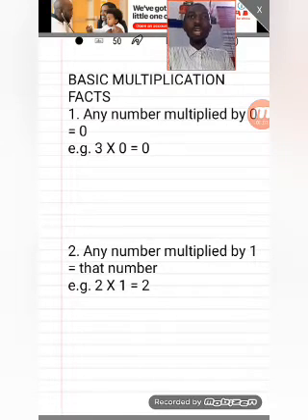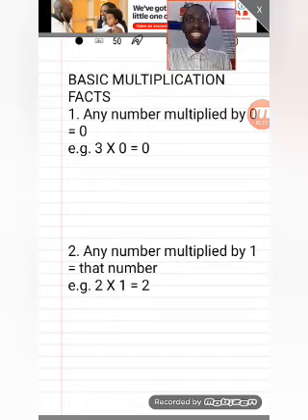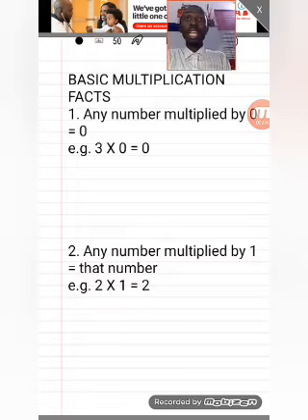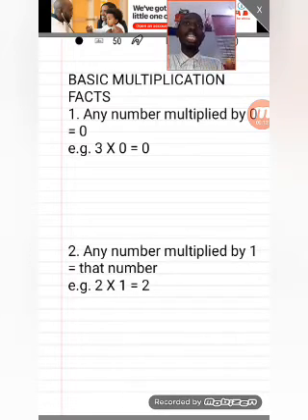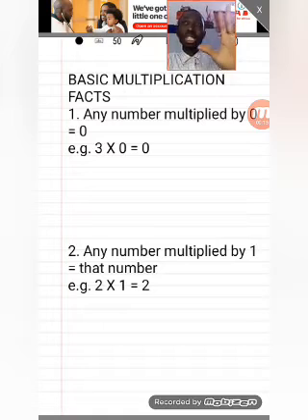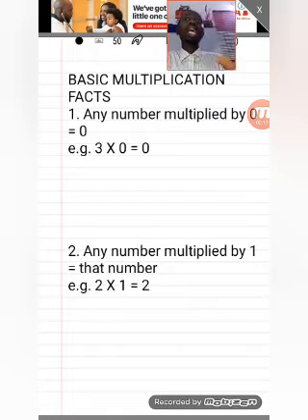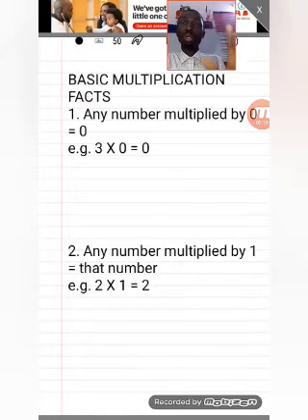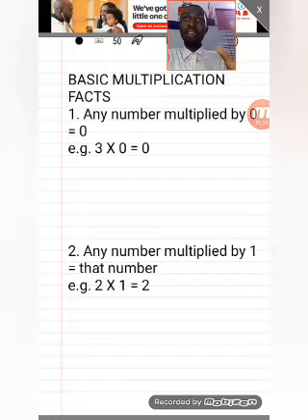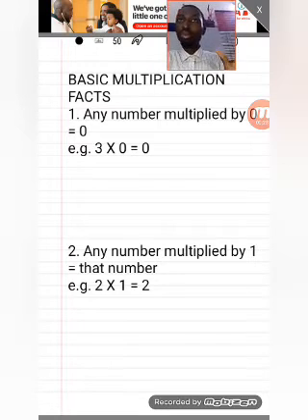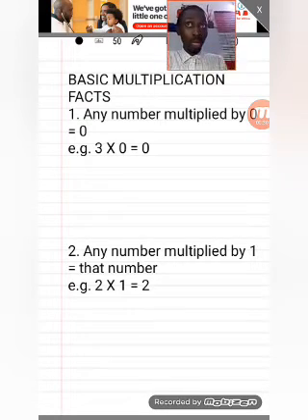Yeah, so you are now in the lesson, and like you have learned, we are talking about multiplication. The first lesson we want to look at in this multiplication series is the basic multiplication facts. That is, those things you need to note and have at the back of your mind before and during multiplication.